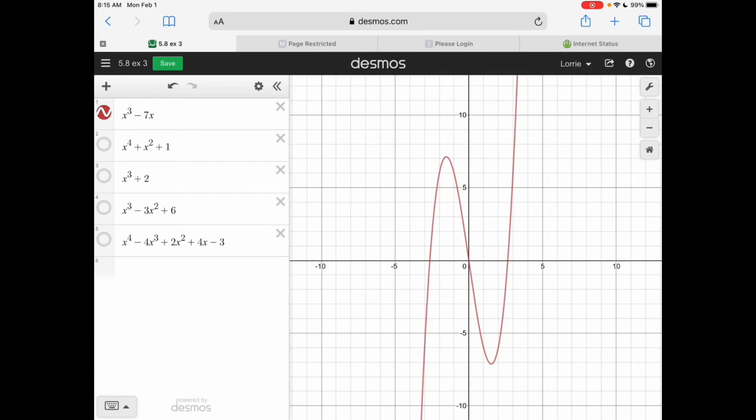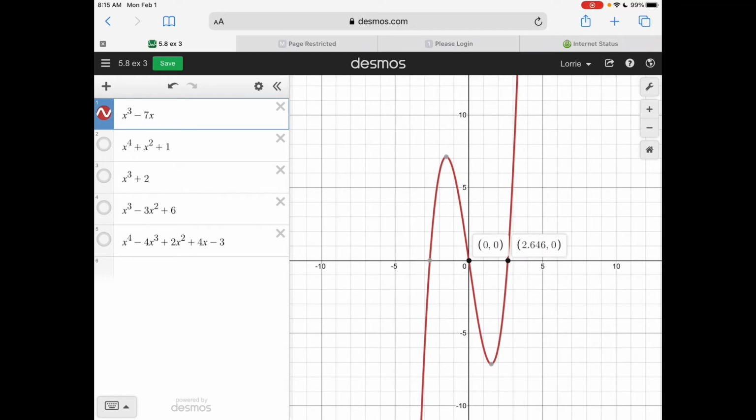Let's take a look at our first example. Our first example was x to the third minus 7x. Notice that it does go through the origin, and it is an odd degreed function, so it has the chance of being overall an odd function. But in order to determine that, I need to see if I have some points that are rotated 180 degrees.